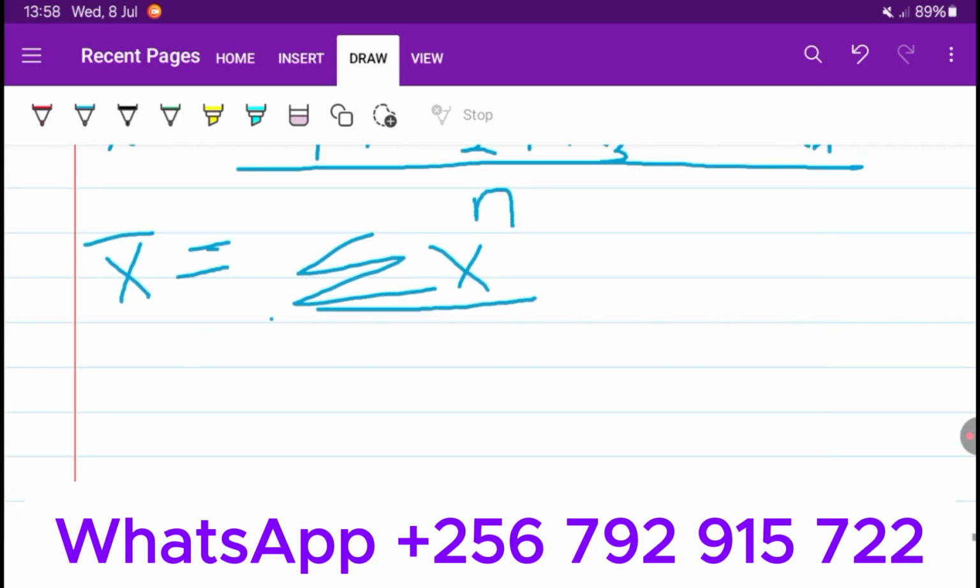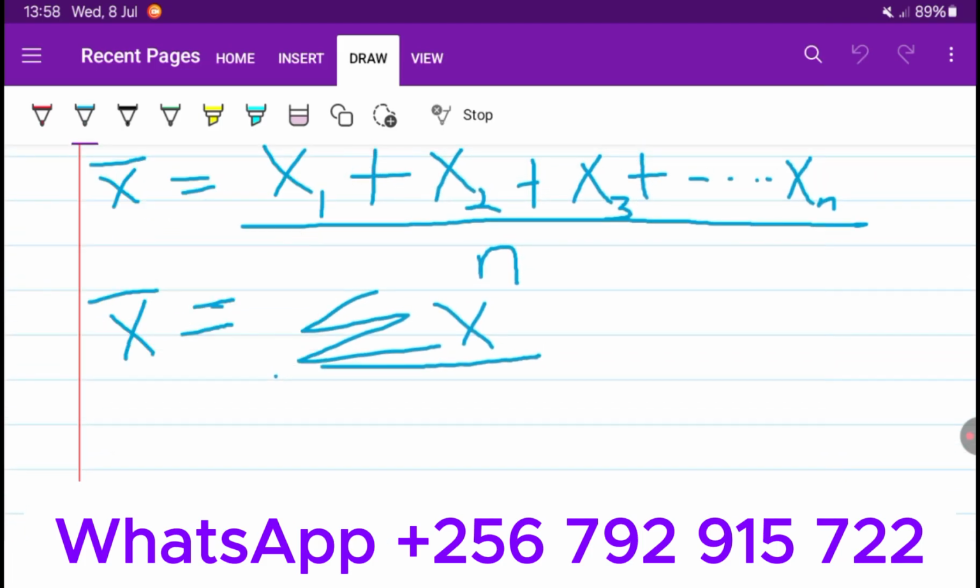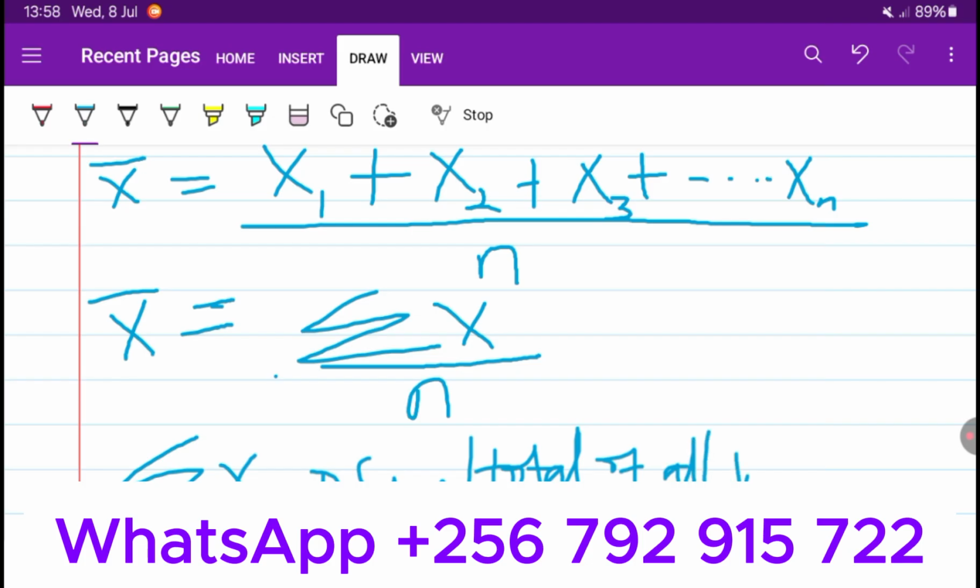We divide by n, and this letter here is a sigma, which represents the sum or the total of all values of x.